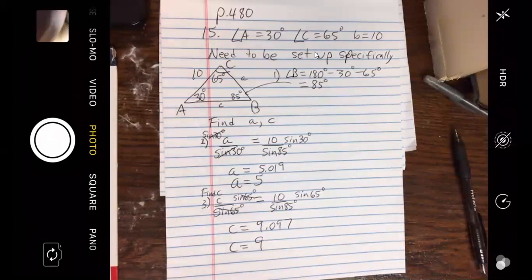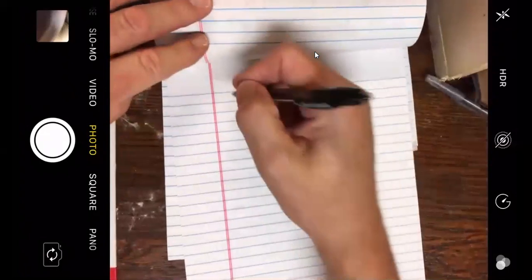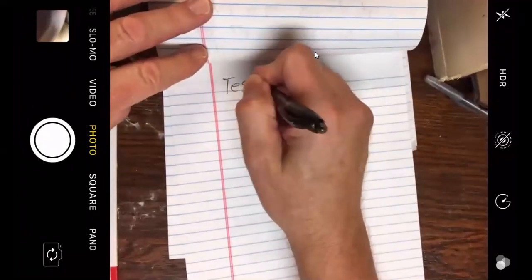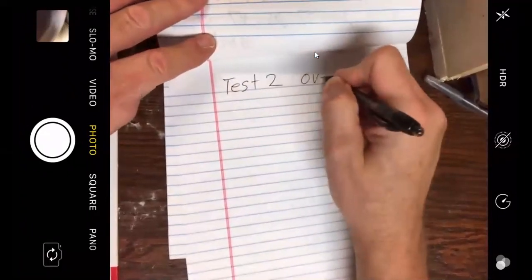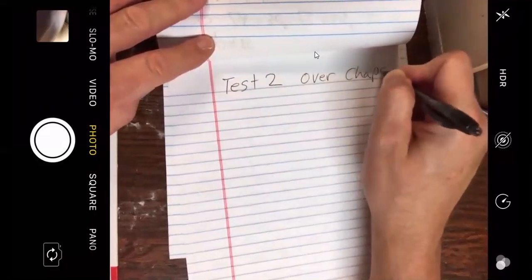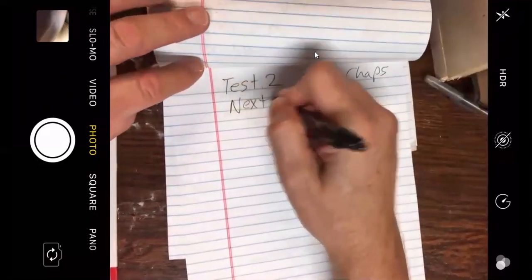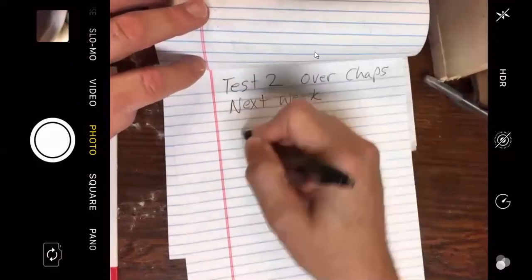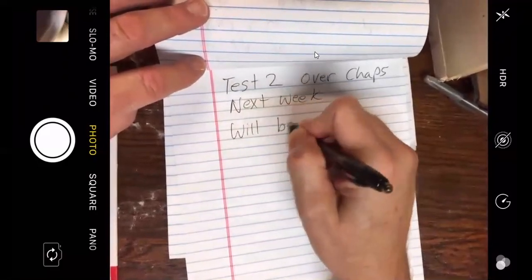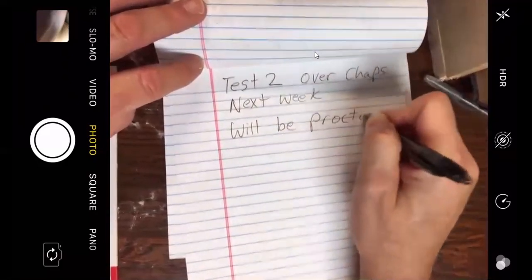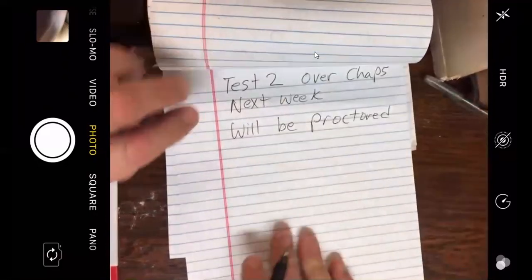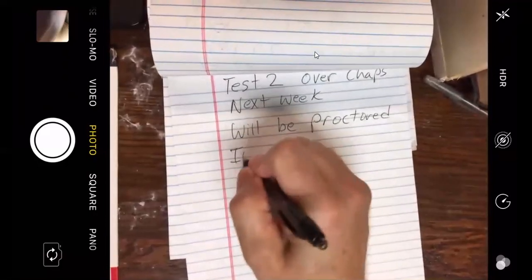No quiz, but there will be a test overall of chapter 5 next week. Test 2 over chapter 5, and it will be proctored. We'll get our proctored test in early. Instructions will be given out next week.